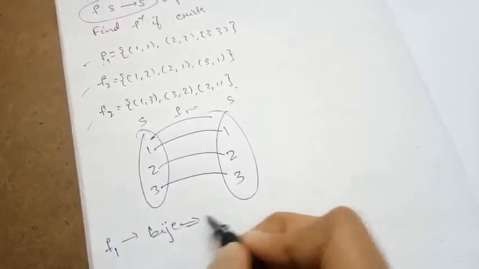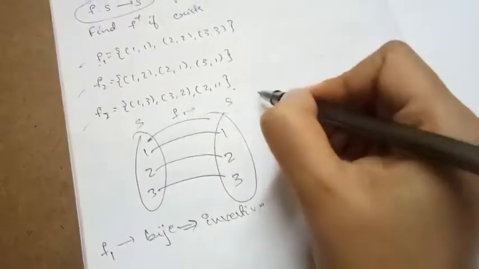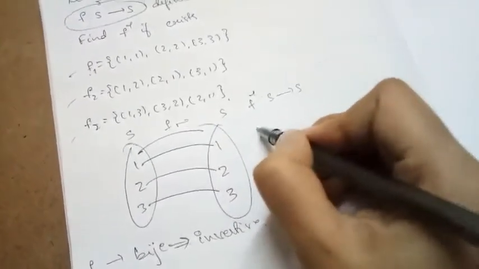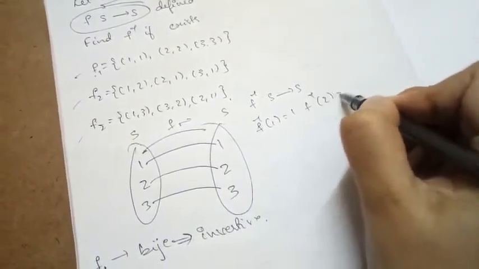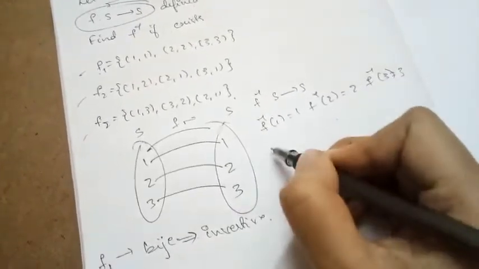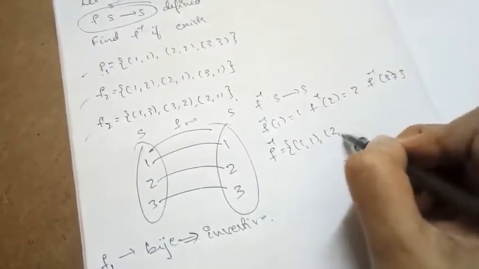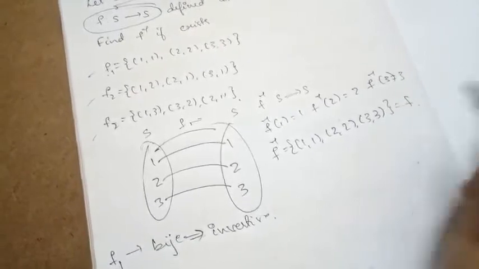Since it is bijective, what does that imply? It is invertible. Invertible means f inverse is a function from set S to S itself, such that f inverse of 1 is 1, f inverse of 2 is 2, and f inverse of 3 is 3 itself. So the f inverse function is equal to {(1,1), (2,2), (3,3)}, which is our function f only.